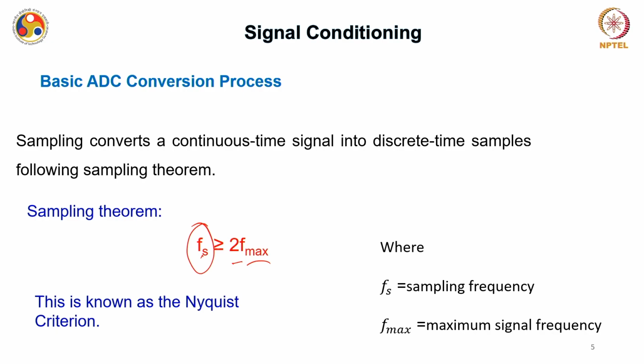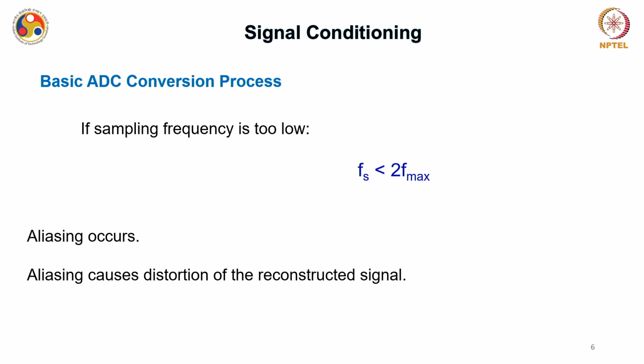This criterion of Fs larger than or equal to 2F max is known as the Nyquist criterion. There are different issues when you have Fs less than 2F max, that is, when the sampling frequency is less than twice the maximum signal frequency. When Fs is less than 2F max, aliasing occurs. And aliasing causes distortion of the reconstructed signal, which is reconstructed from the digitized signal.